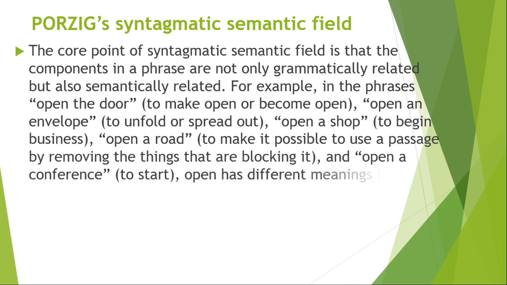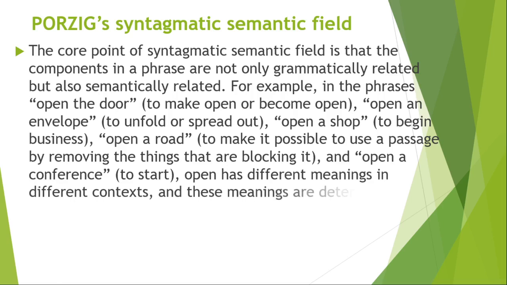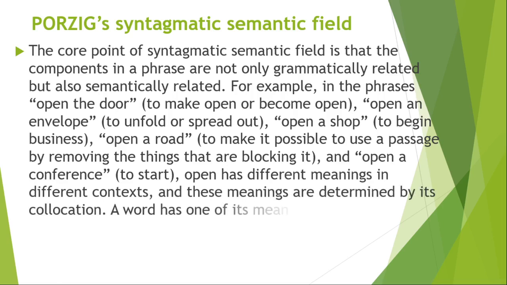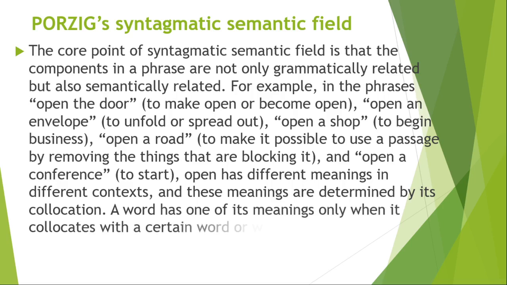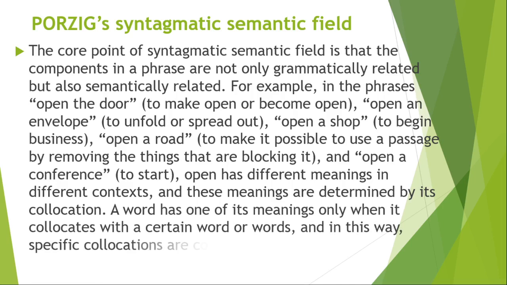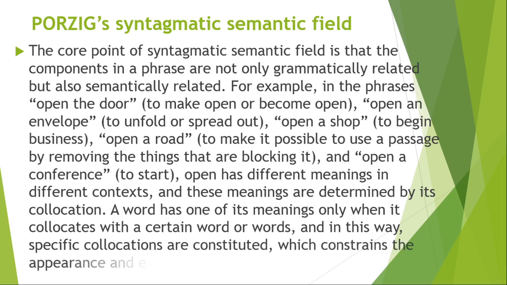Open has different meanings in different contexts, and these meanings are determined by its collocations. A word has one of its meanings only when it collocates with certain words, and in this way specific collocations are constituted, which constrain the appearance and existence of certain meanings of one word.